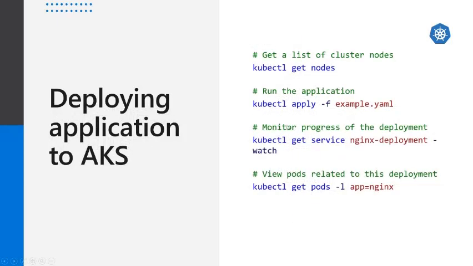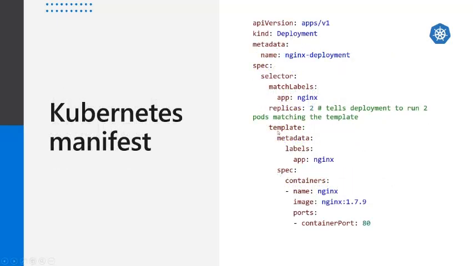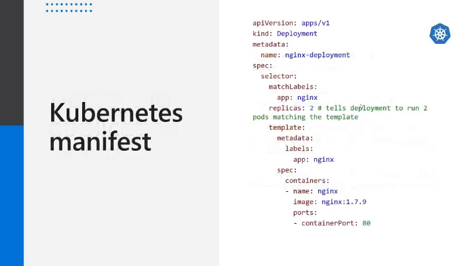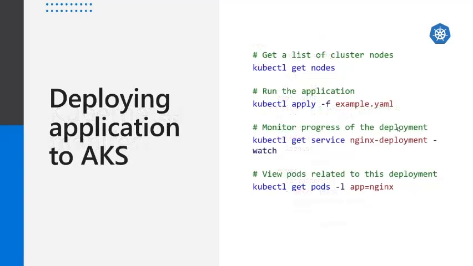So we are saying simply kubectl get service, for what we just had in this YAML file, and then we watch it. We just ran the application using example.yaml, which is this one, and now we watch the status.